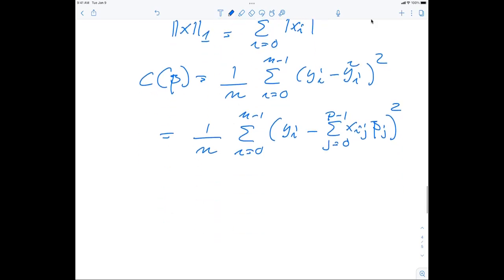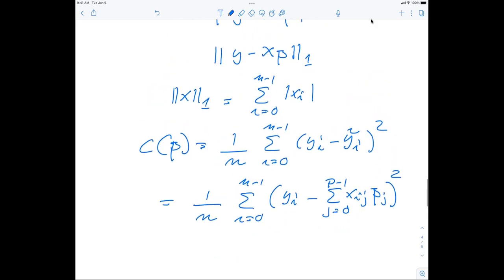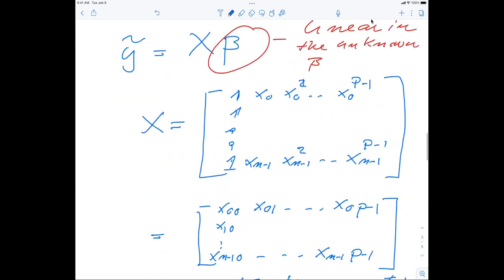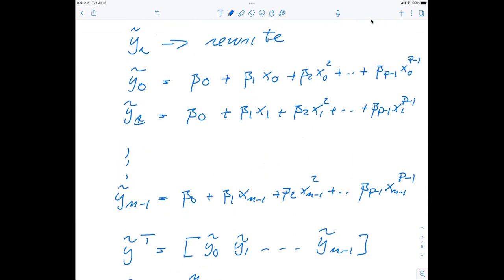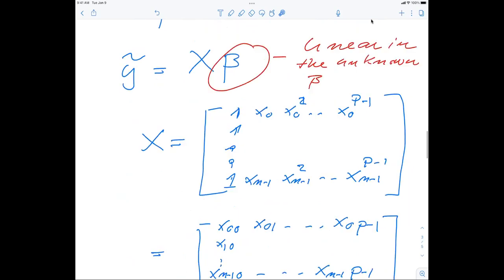If I take a specific row here, what I have is beta 0 multiplied with the different elements of that row. Instead of a specific one, I opted for the general labeling here.